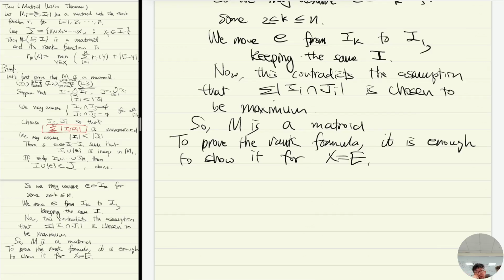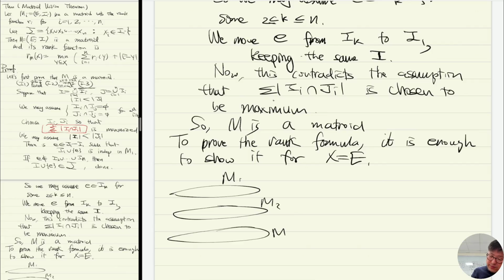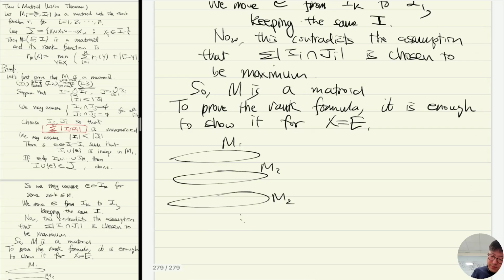Delete everything else outside and then you get it. All right, now here's M1, here's M2, here's M3. Now what we're going to do is to make a copy of the ground set.